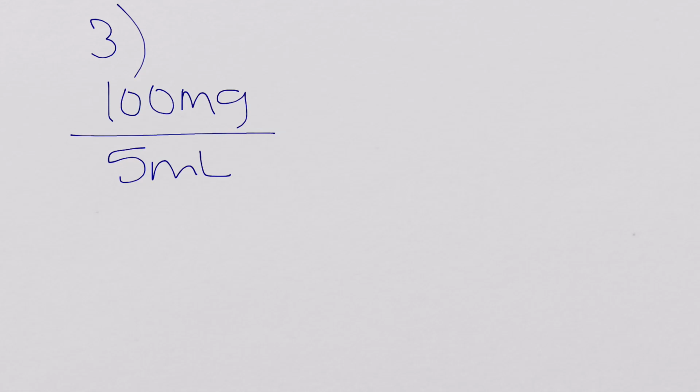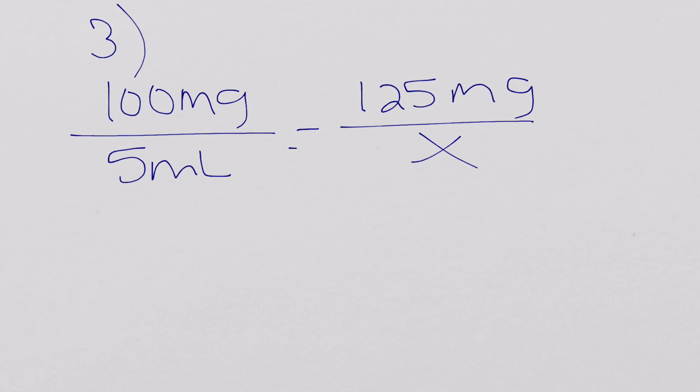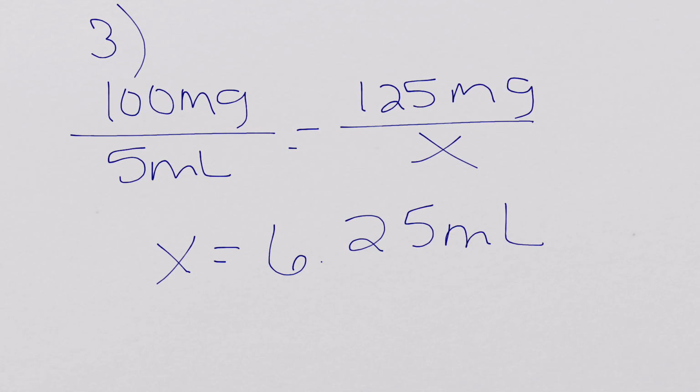That's right on our label. Now our doctor prescribed, I'm sorry, I said 25. It's 125 milligrams. So you know how many milliliters we need to get 125 milligrams. Cross multiply and divide, you get 6.25 mLs.